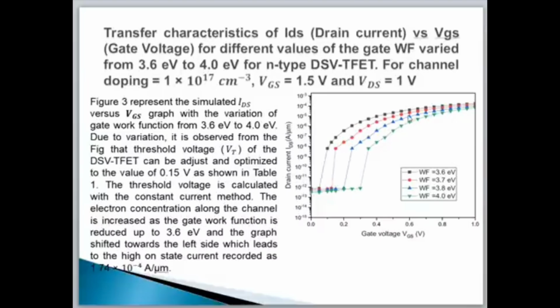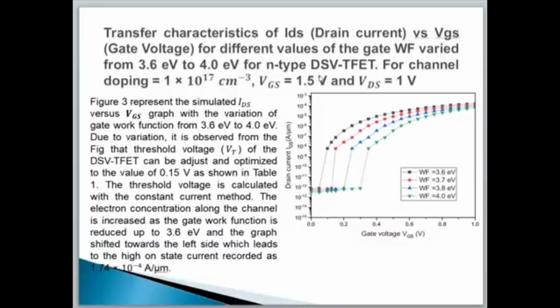This is the transfer characteristic curve of IDS versus VGS for different values of gate work function from 3.6 to 4.0 electron volt, for N-type dual source vertical TFET, in which the channel doping is 10 raised to power 17 per centimeter cube, the gate voltage is increasing from 0 to 1 volt and the drain voltage is set at 1 volt.